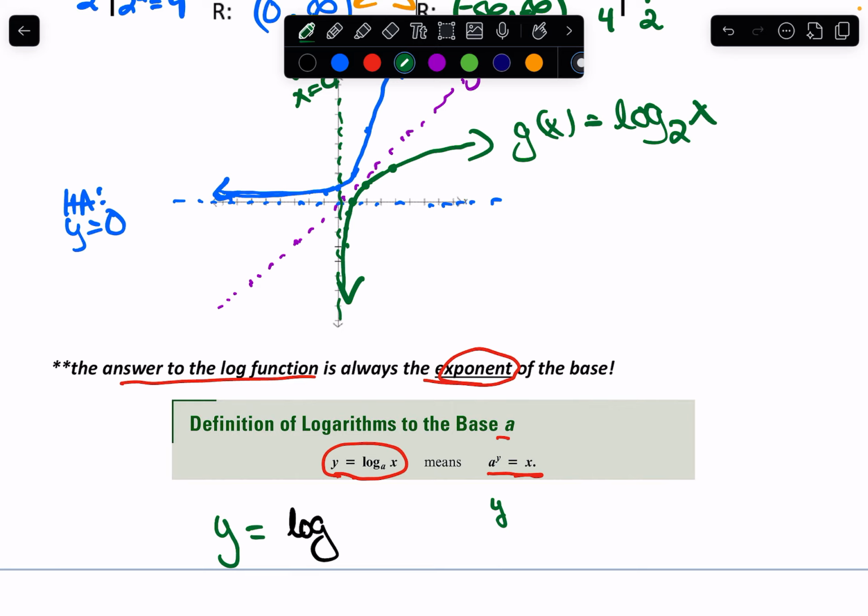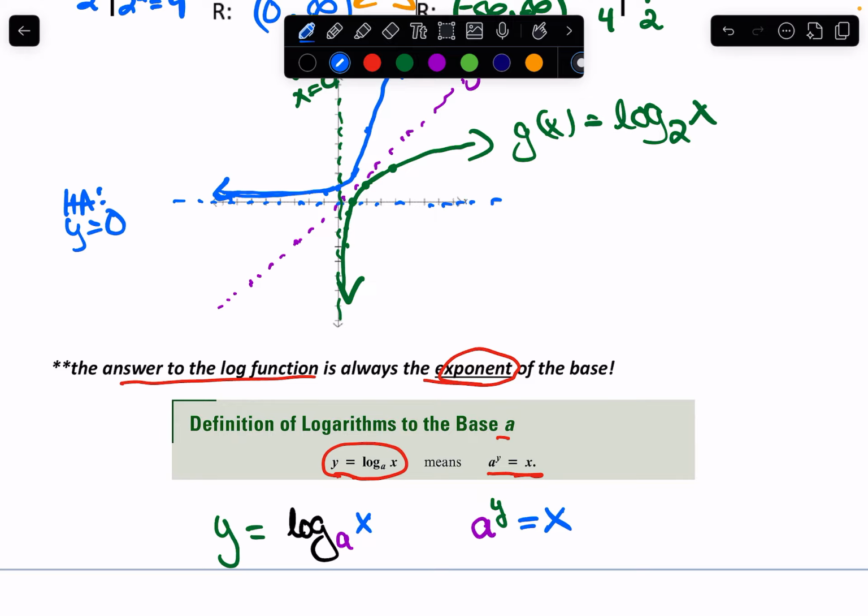So log with a base a, so our base is a, that means that for the exponential function, the a is the base as well. And then the x here is the argument for the exponential function. So that's the answer to the exponential function. So that's what we need to keep in mind.